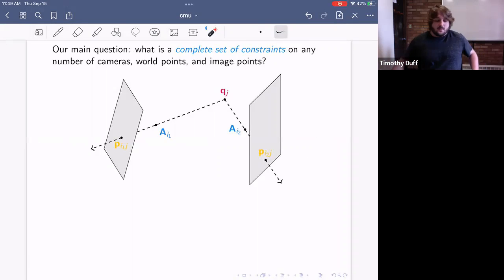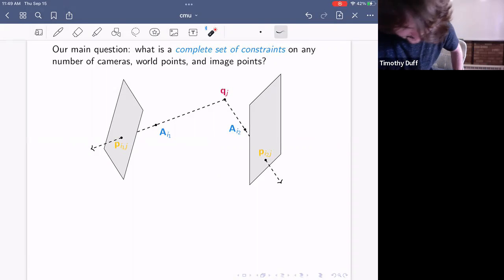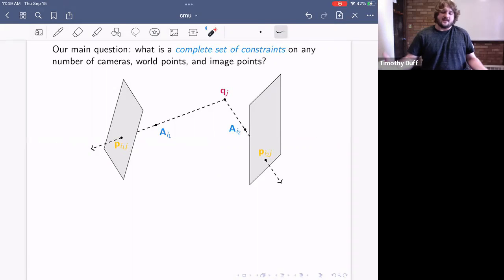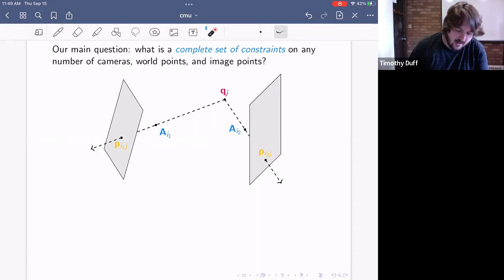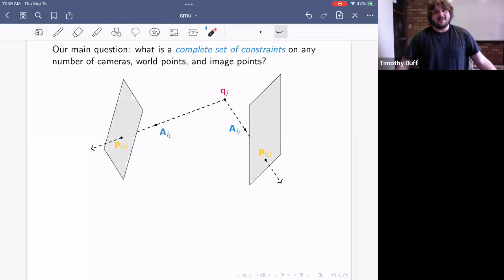And so the main question that we wanted to answer in our paper is, what is a complete set of constraints that fully describes the geometry of an arbitrary set of cameras, world points, and image points, where the number of cameras can be arbitrary and the number of world points can also be arbitrary.